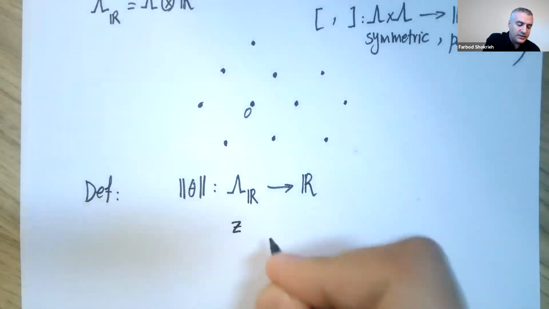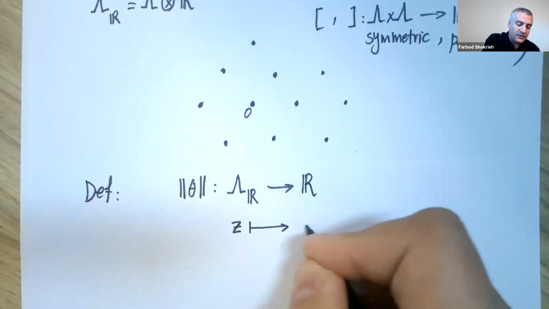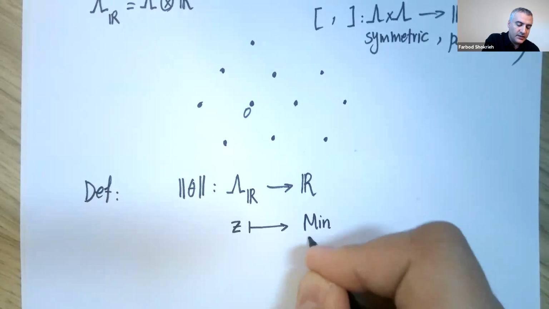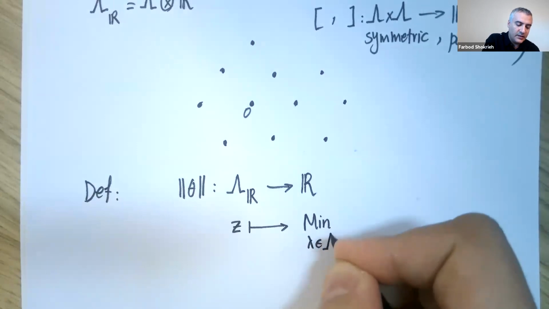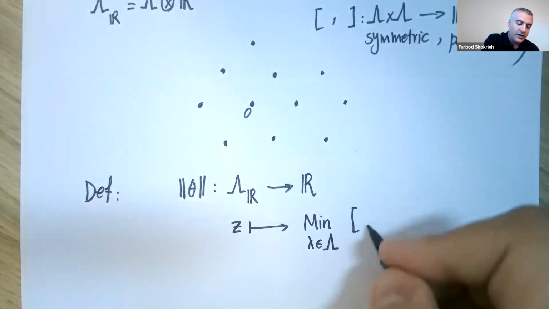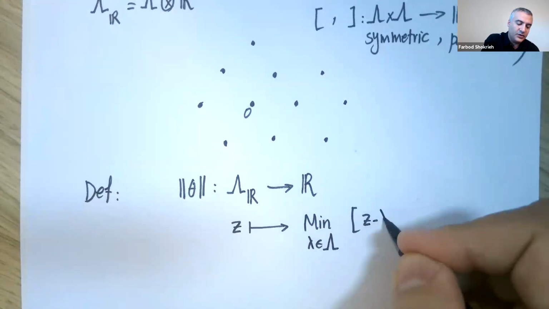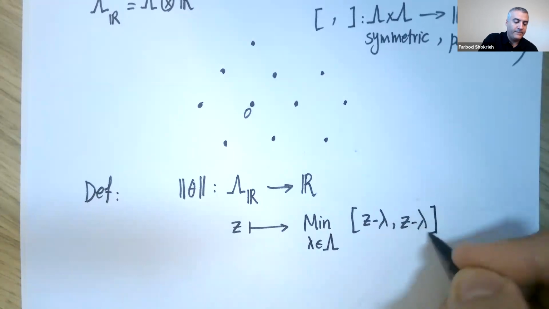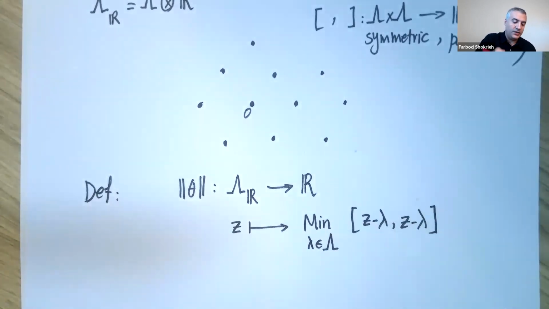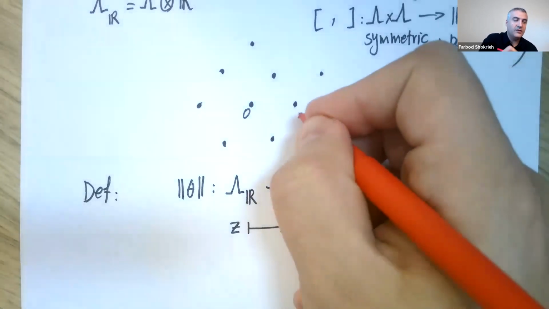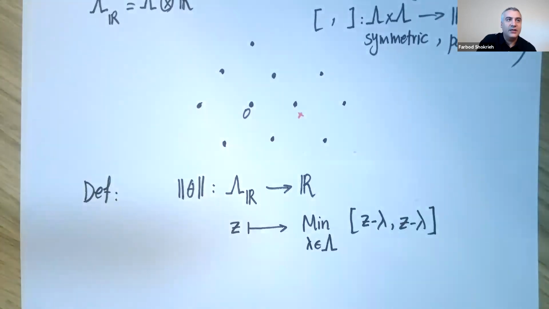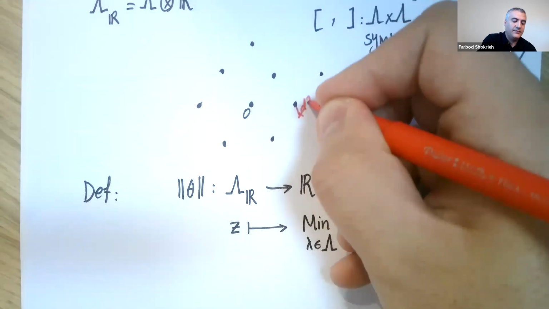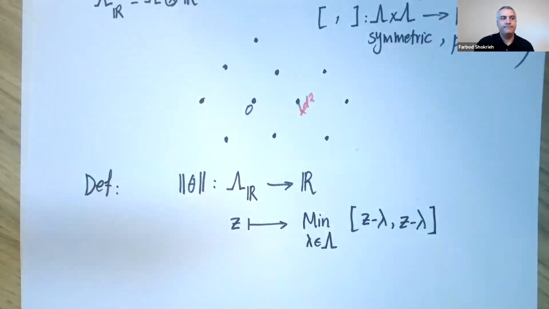If you give me a point, I'm going to find the closest lattice point, and I'm going to find the distance to the closest lattice point, the square of that distance. In this picture, if you give me a point, here, the closest black dot is going to be here, and I'm going to record that distance squared.